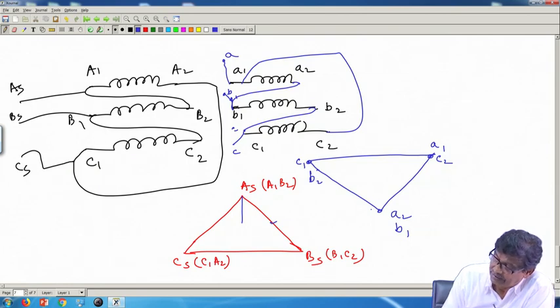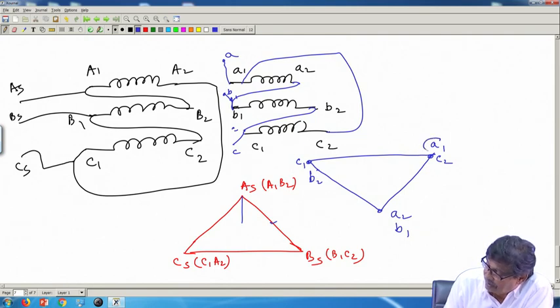So, in this case if you do, then people say that this is a DD0 connection sort of. Why I am telling? People say I will take output from A2 B2 C2, if I take, it is indeed DD0.